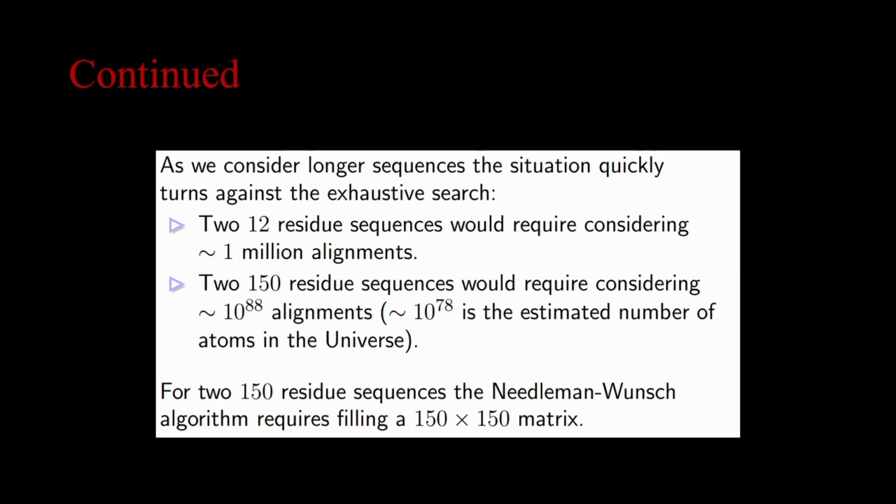As we consider long sequences, the situation quickly turns against the exhaustive search. Two 12-residue sequences would require considering 1 million alignments, and 150-residue sequences would require considering 10 to the power 88 alignments, which compares with approximately 10 to the power 78, the estimated number of atoms in the universe.